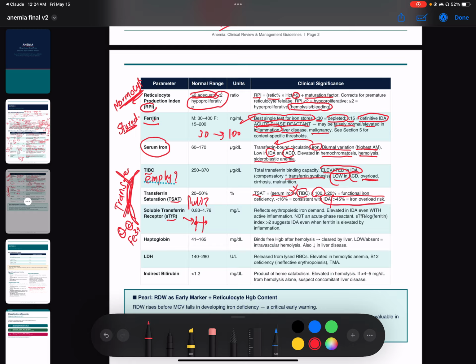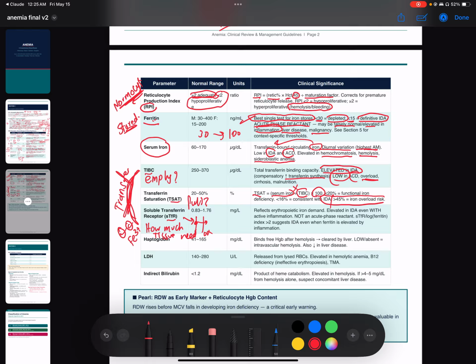So the soluble transferrin receptor sometimes detaches from the tissue and just circulates in the blood. So this number is basically telling you how much the tissue or the bone marrow needs oxygen. Why? Because if the bone marrow and the tissue need oxygen, they will upregulate this receptor to get all the transferrin they can find in the blood circulation.